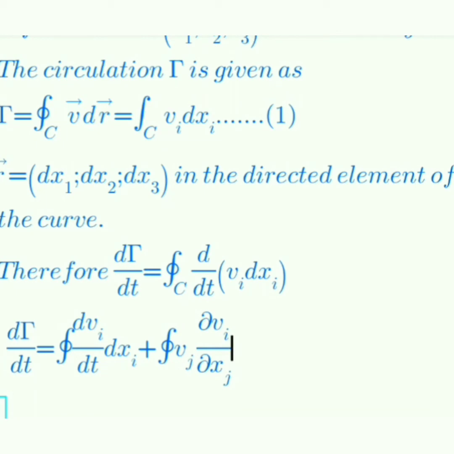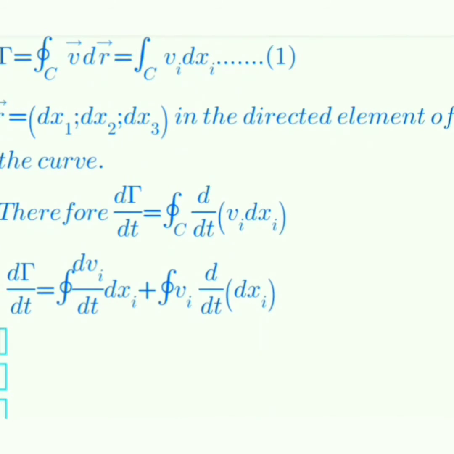Just changing the process, it can be written this way: Vi times d/dt of dxi, differentiated. So friends, this is my total expression for d gamma by dt.